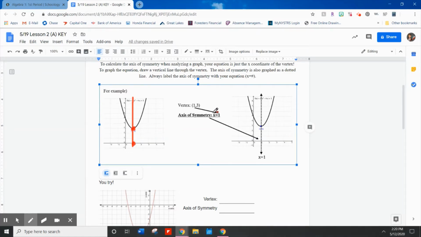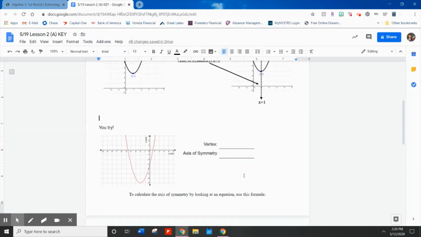So that's my equation, x equals 1. Now when you graph the axis of symmetry, it's a dotted line. I didn't do the dotted line with my red just because that would have been more complicated, but on the answer to the right, that's what I have. And if you notice, we could have just found that from looking at the vertex x-coordinate right here. So our axis of symmetry is x equals 1.